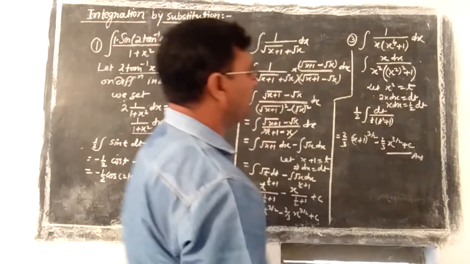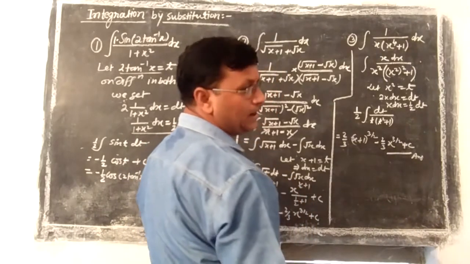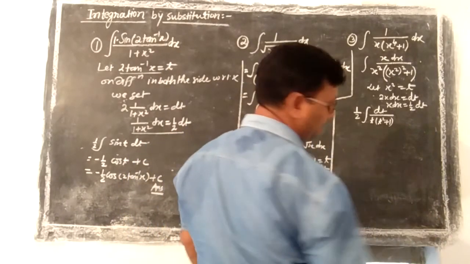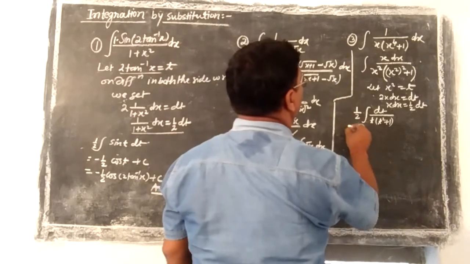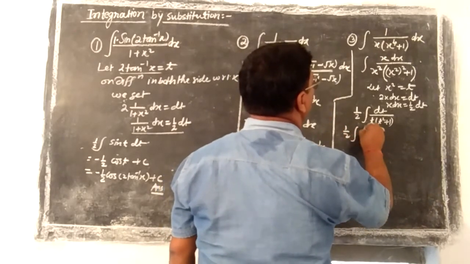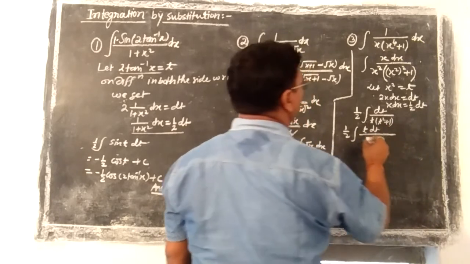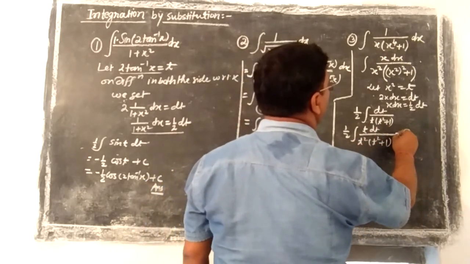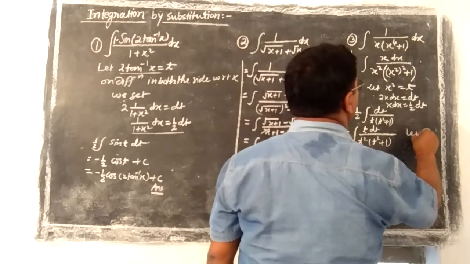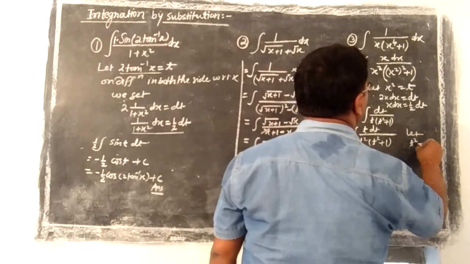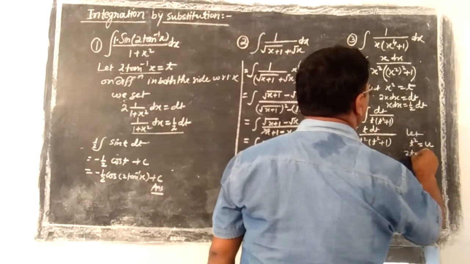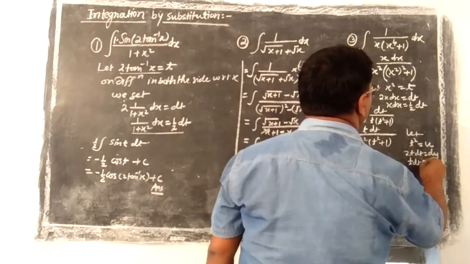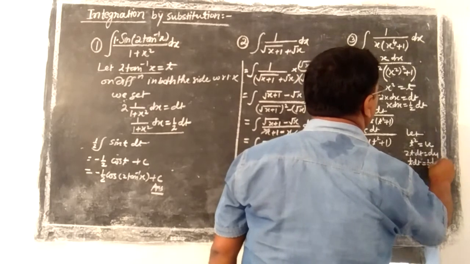Again we multiply by t in numerator and denominator. 1 upon 2 t dt upon t square into t square plus 1. Now let t square is equal to u, 2t dt is equal to du, t dt is equal to 1 by 2 du.